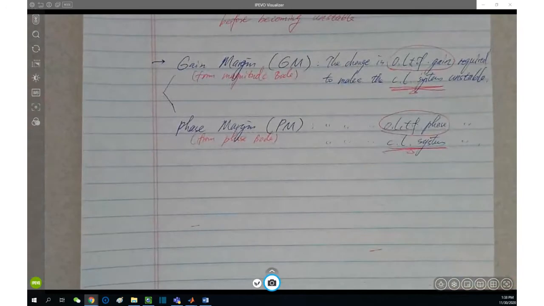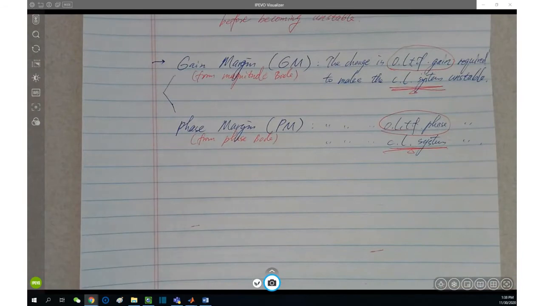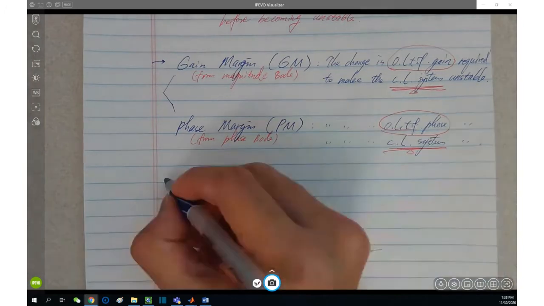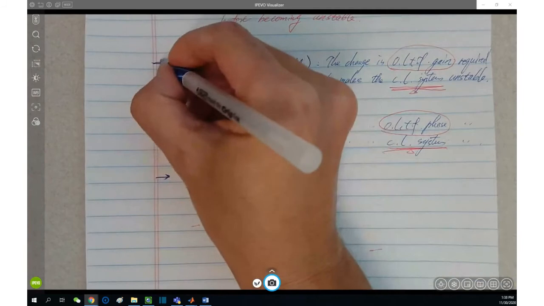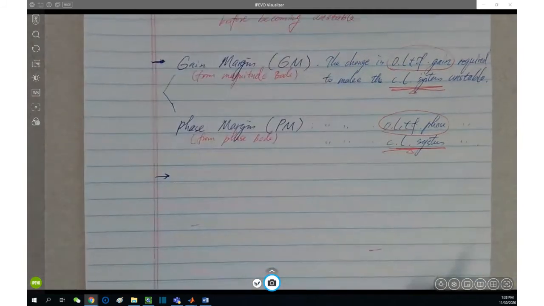These are the concepts of the GM and PM. Next, let's talk about how to find them.